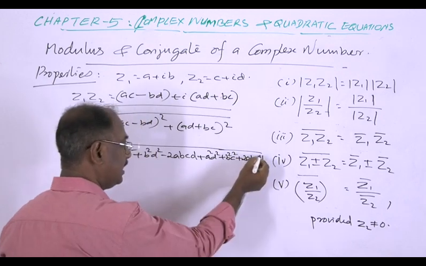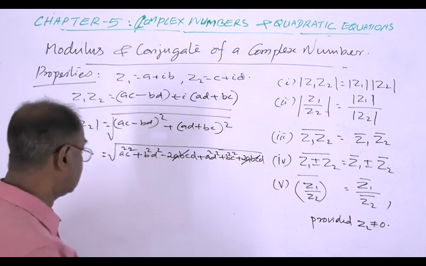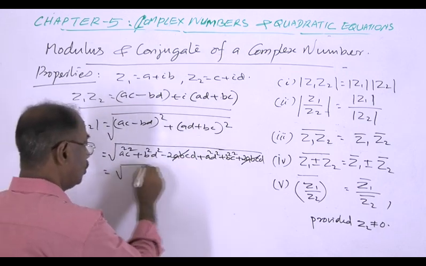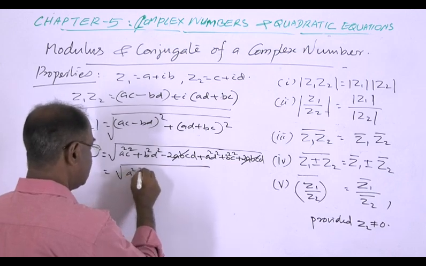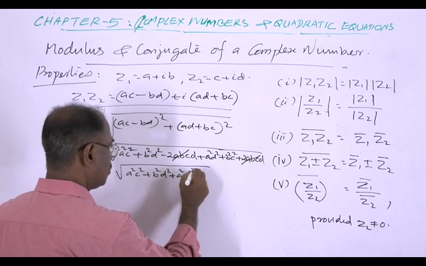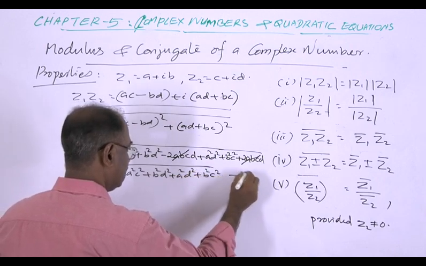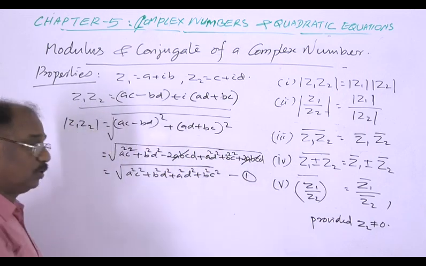So plus 2ABCD and minus 2ABCD cancel. So this is equal to the root of A squared C squared plus B squared D squared plus A squared D squared plus B squared C squared. So this is modulus of Z1 into Z2.